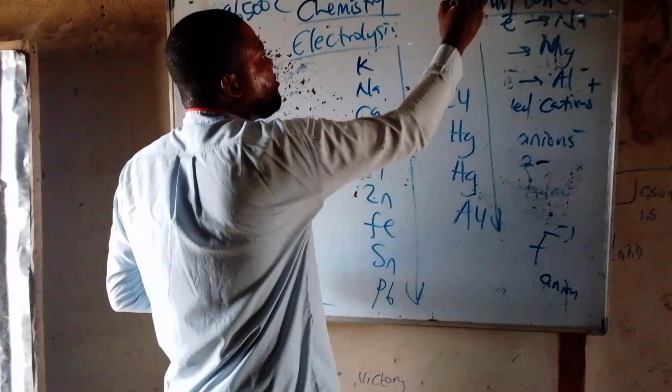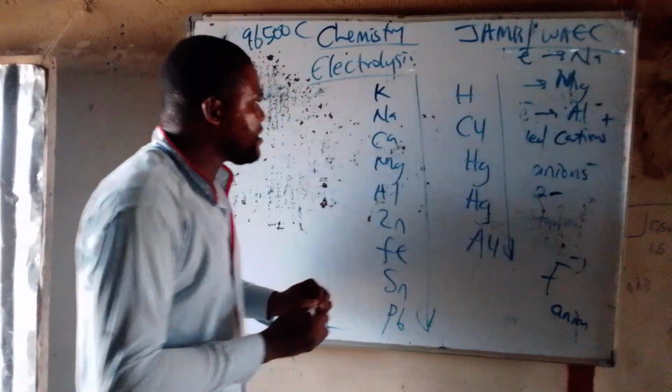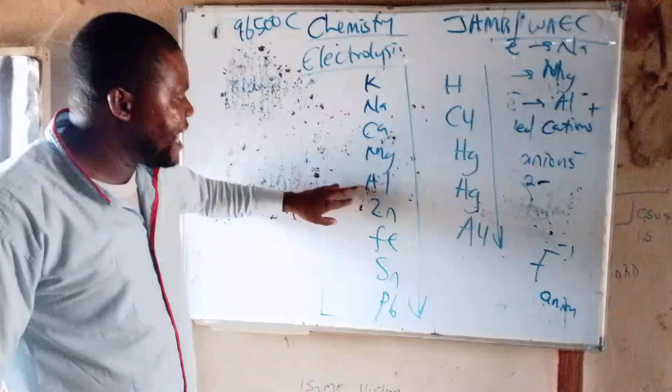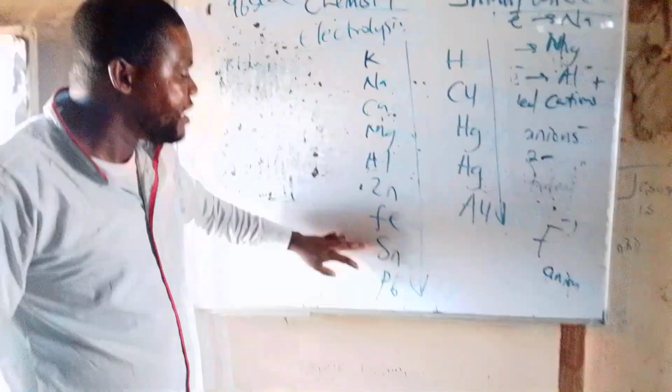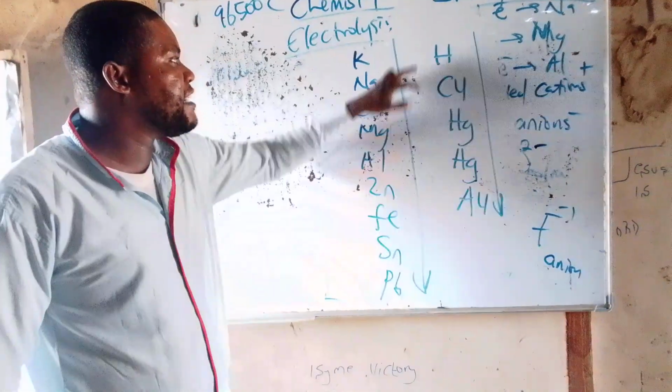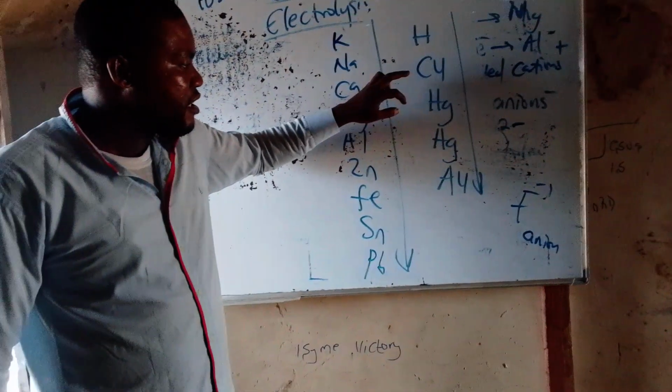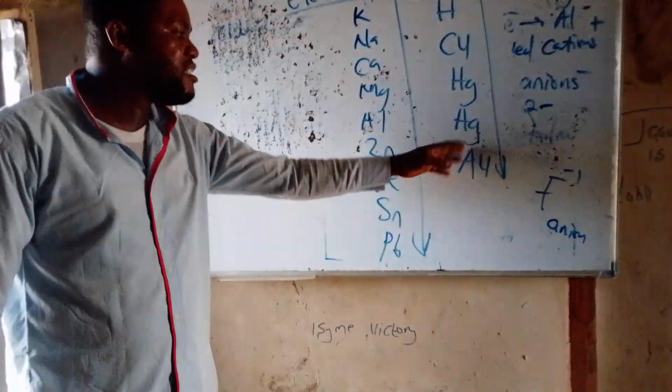It goes from potassium, sodium, calcium, magnesium, aluminium, zinc, iron, tin, lead, hydrogen, copper, mercury, silver, and gold. Gold is the least.